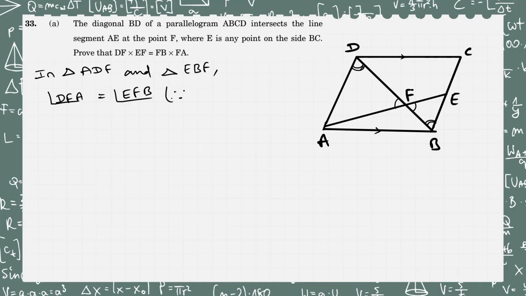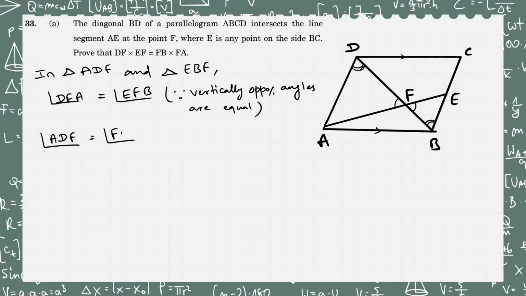Always we should give the reason in the brackets, since vertically opposite angles are equal, right? And the next thing we are going to consider is angle ADF and angle FBE, both are equal, and the reason is since AB parallel to CD, BD is a transversal, alternate interior angles are equal.